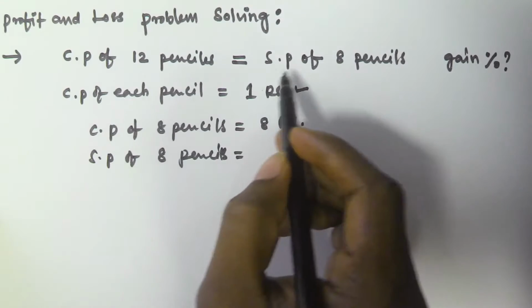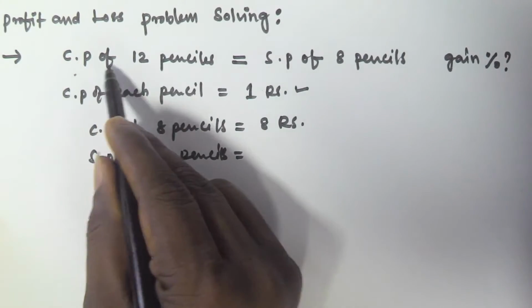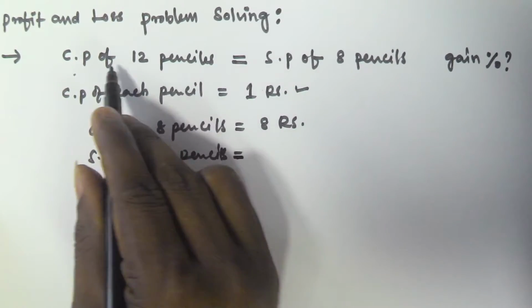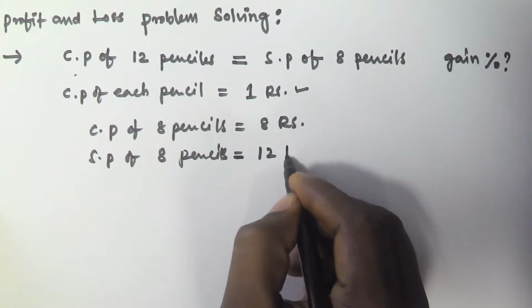According to the given question, the selling price of 8 pencils is equivalent to the cost price of 12 pencils. Each pencil costs 1 rupee, so that is 12 rupees.